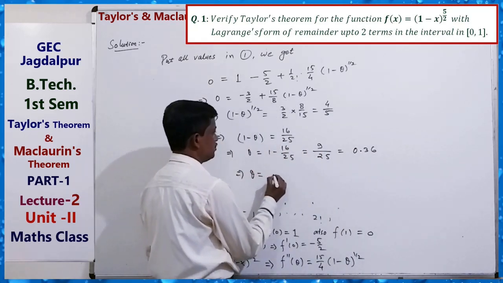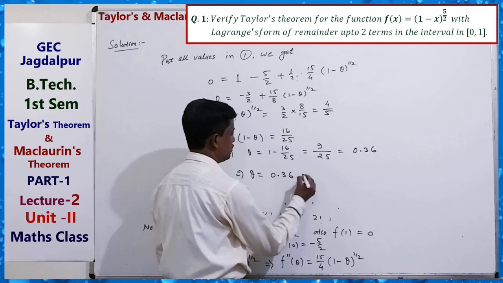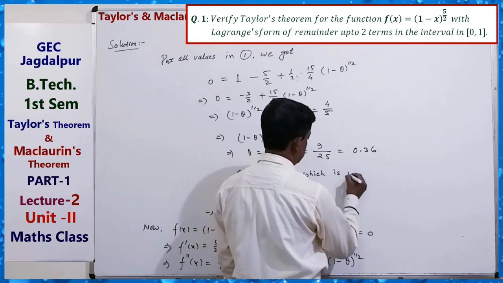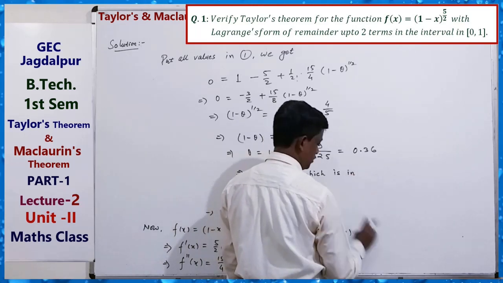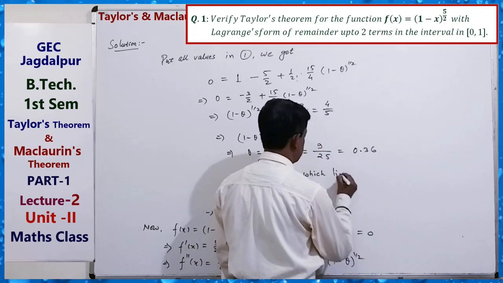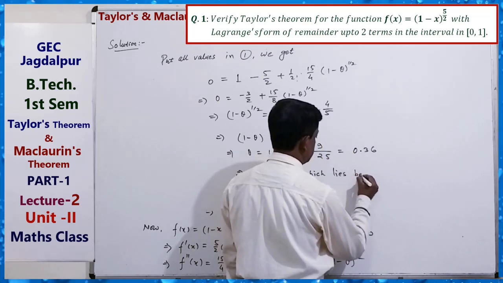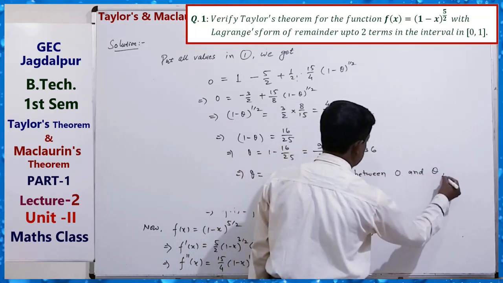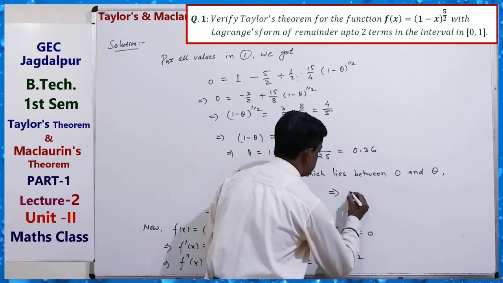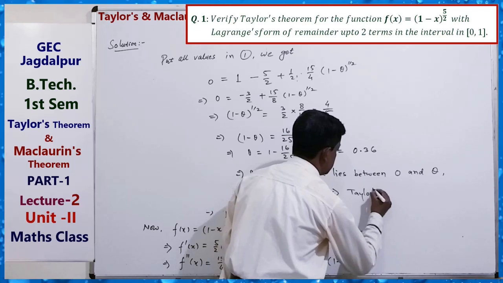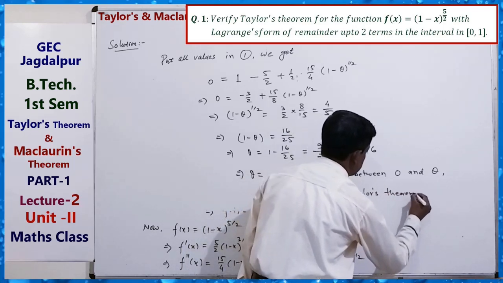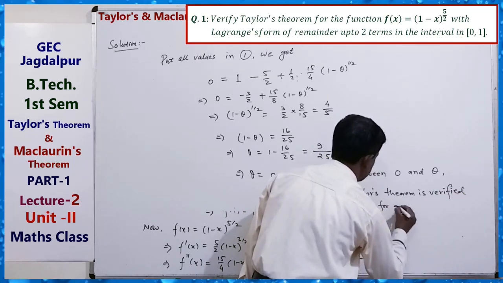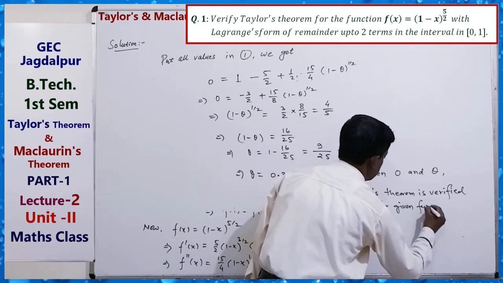So theta equals 0.36, which lies between 0 and 1. This implies Taylor's theorem is verified for the given function.